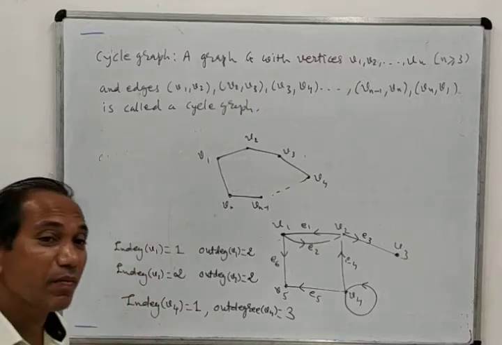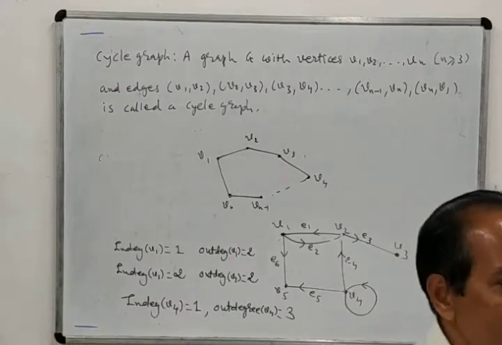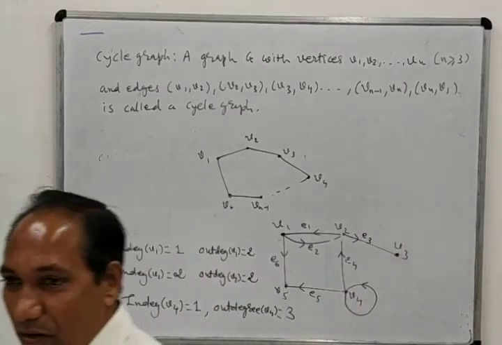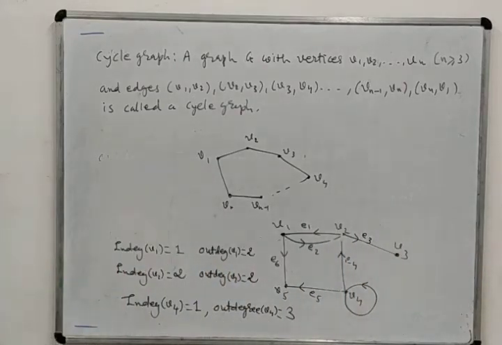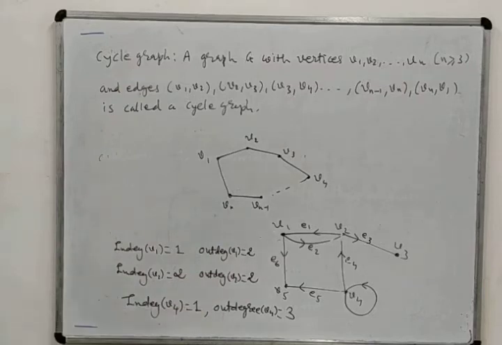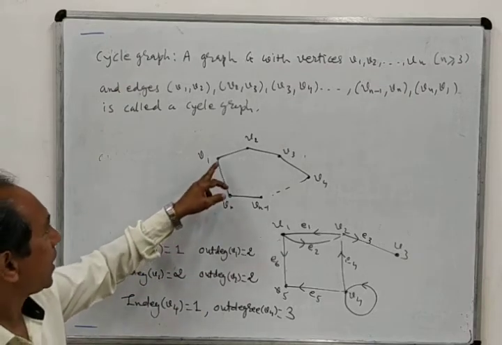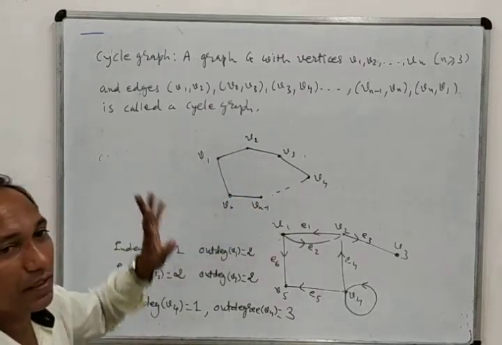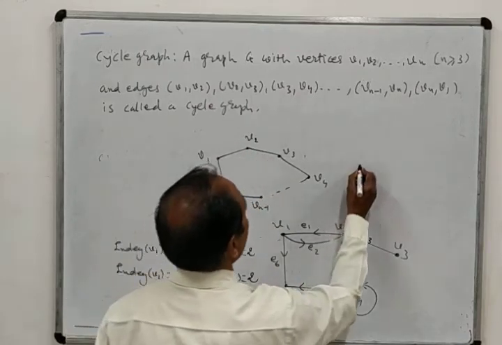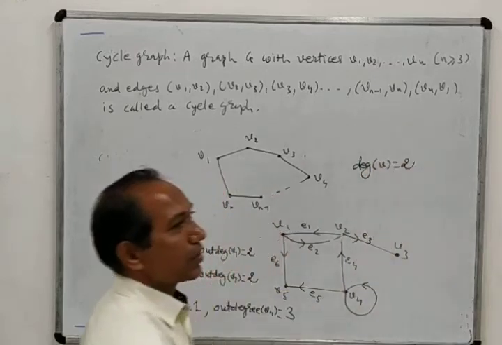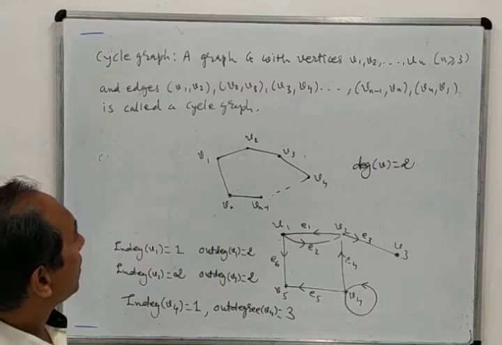And you must remember this word, cycle graph, because in the coming lectures we will see other concepts of path and circuit. There we will compare cycle with a circuit. Here you can see that in a cycle graph, the degree of each vertex is always 2, not more than 2, not less than 2.